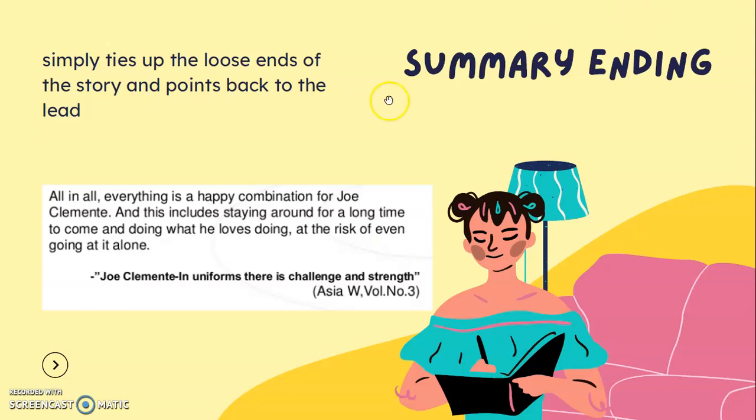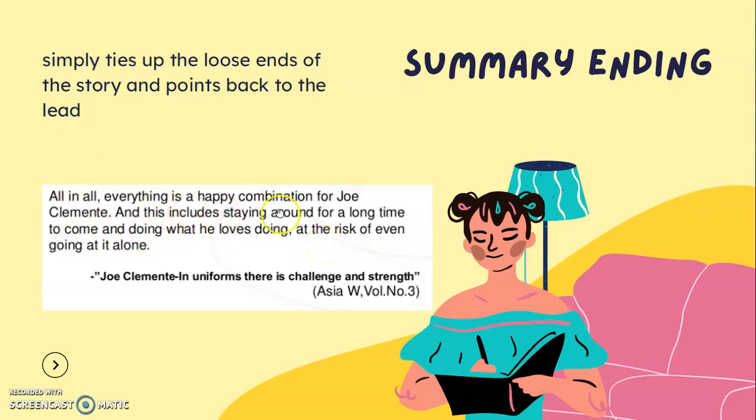So, how do you write a summary ending? Let's read this example. All in all, you summarize because you used the transitional device all in all, everything is a happy combination for Joe Clemente, and this includes staying around for a long time to come and doing what he loves doing at the risk of even going at it alone.